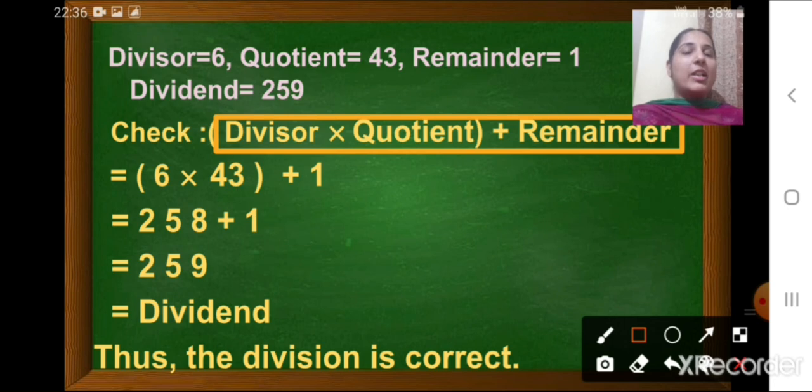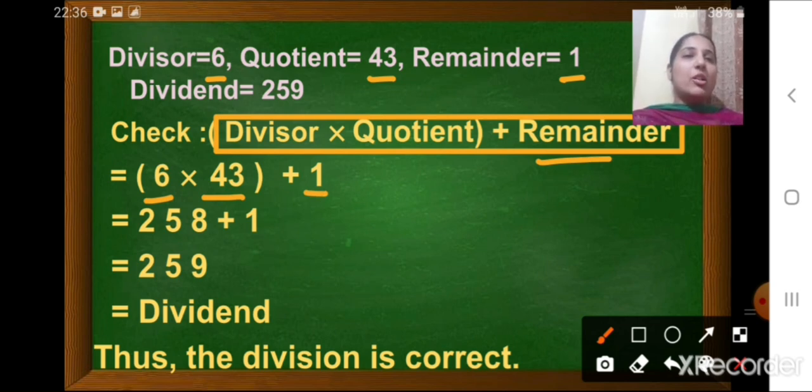So what was the divisor? It was 6, and that we have written here. The quotient was 43, that we have written here, and then within the bracket, the bracket closed, plus the remainder was 1. So that also we have written here. Now we'll multiply divisor and quotient. So you can multiply like this as well. Let's multiply.